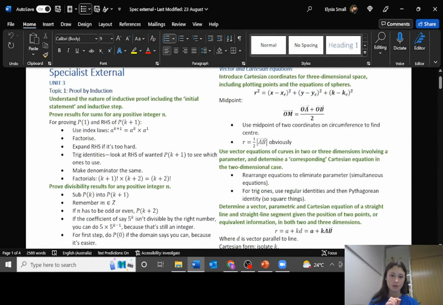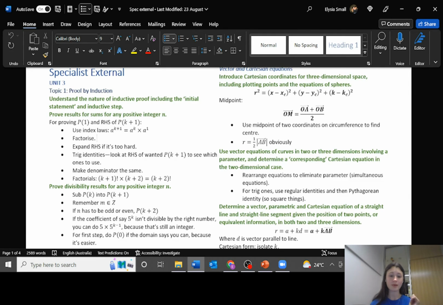Each syllabus dot point is in bold green writing. By doing that, I made sure that I didn't miss any syllabus dot points, because even in last year's external, they included some really big questions. There was a 6-mark question on matrix algebra, and nobody cares about matrix algebra, but I was only able to get through it because I'd made sure that I'd done everything for every single syllabus dot point.